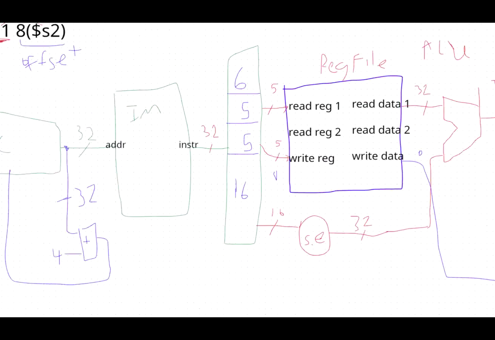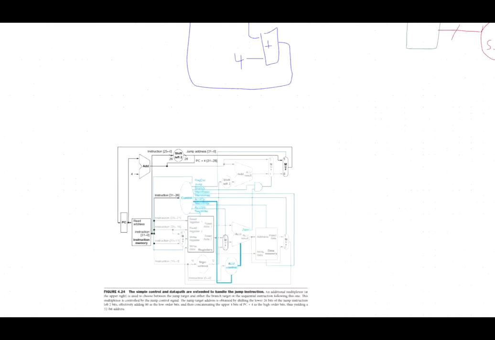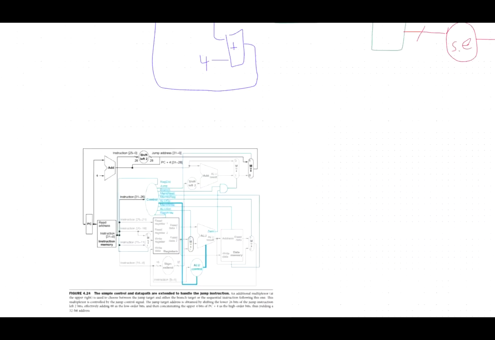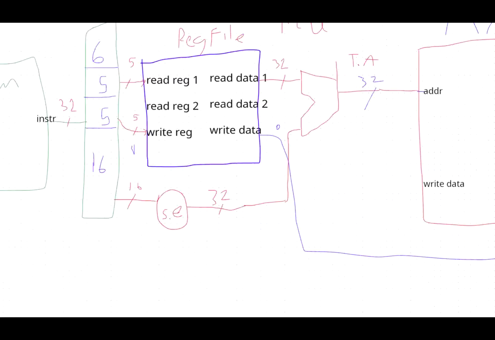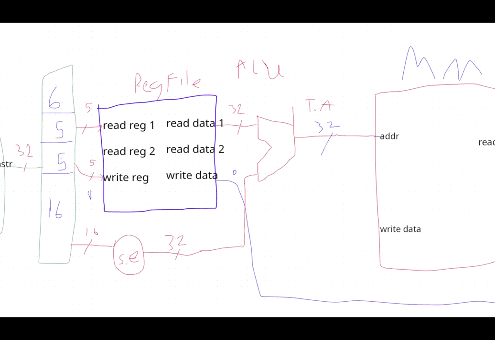It's a pretty simple multiplexer here, because I'm just double checking it with the diagram, but we're just toggling between read data one and the immediate. So let's do it in a different color. Let's go back to black.